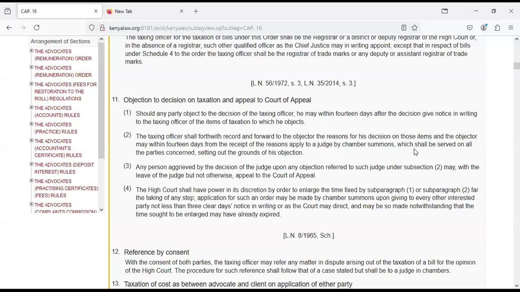So he has 14 days, the advocate, to write to the taxing officer.